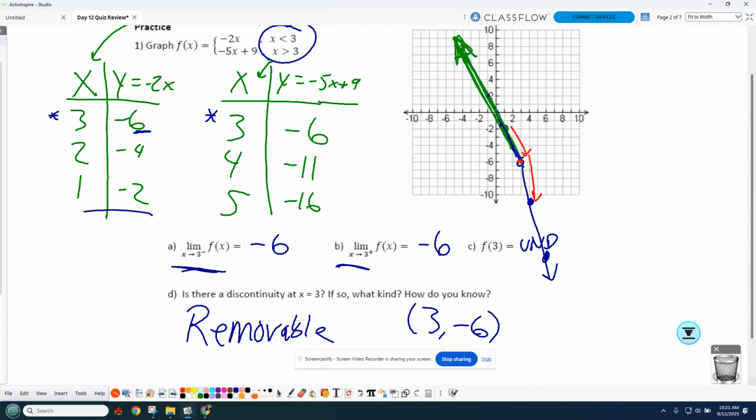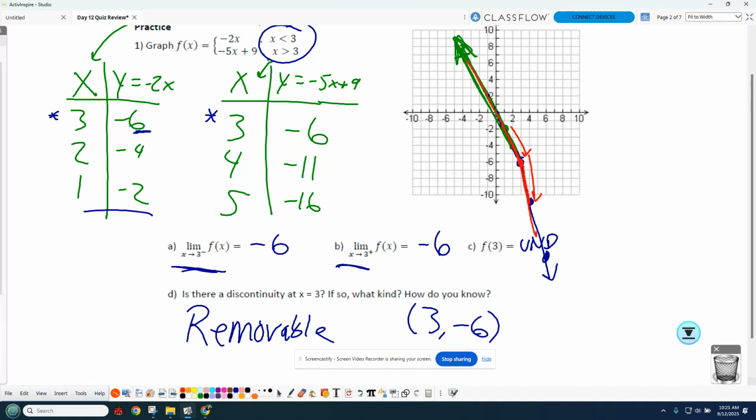If I colored in and put in a bridge right there, yeah. Because there's an open dot connecting both the lines, it's removable? Correct. If this was closed, it would be continuous.